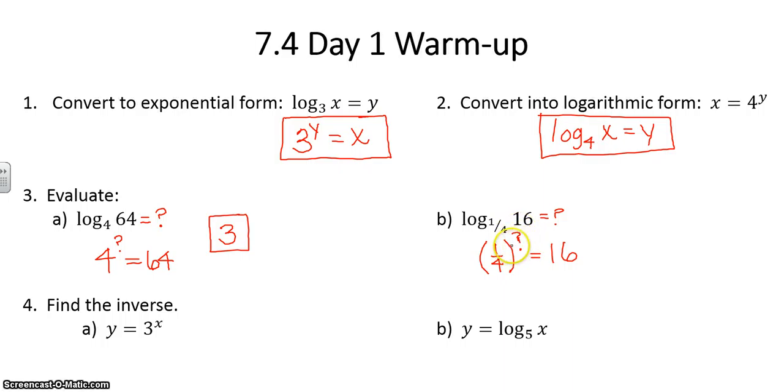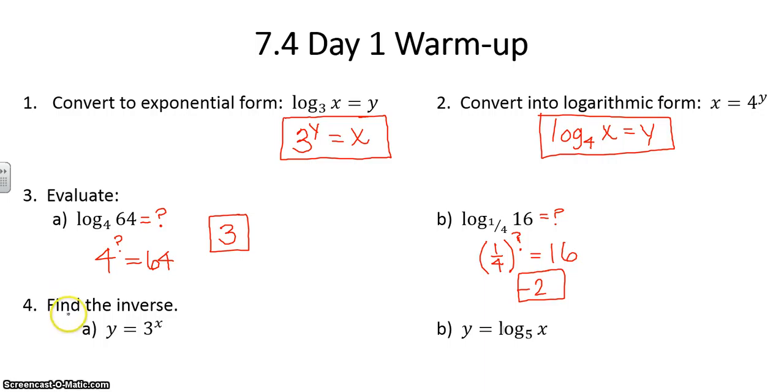And so you can start typing in -1, -2, -3, all as your exponents on 1/4. And so the answer then is going to be -2. And also how you could get that is figure out, well, 4 squared is 16, so then if I had to -2 power, then that's what would flip it.